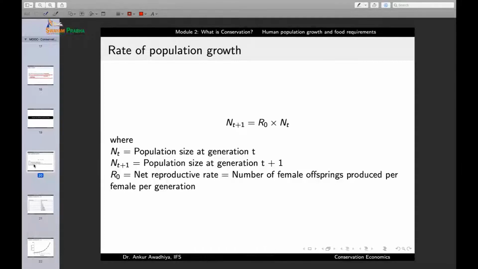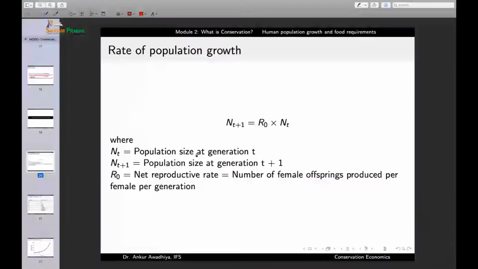Now, in the case of wildlife population ecology as well, we start with our equation of the exponential growth. Now, let us suppose that a population is showing an exponential increase, or it is showing a geometric progression, which would say that the population at time t plus 1 divided by the population at time t is a constant R. Now, this is the same thing that Malthus had said, that the population of humans doubles every 25 years.